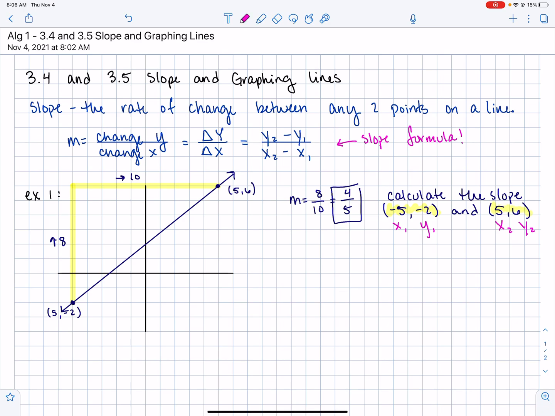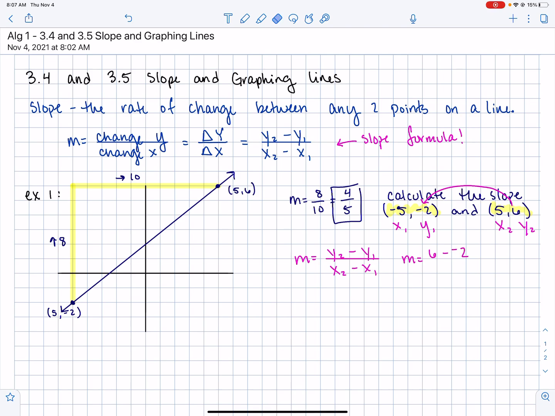All right, and as a reminder, that slope formula is y2 minus y1 over x2 minus x1. So what we're going to do is take 6 minus -2. So we're going to say our slope is equal to 6 minus -2.